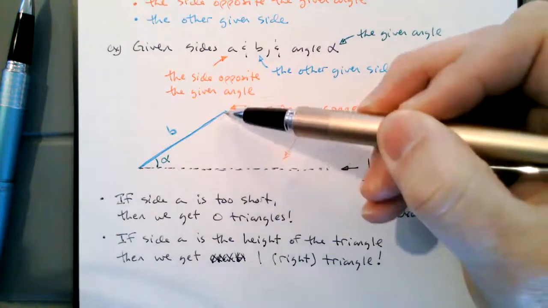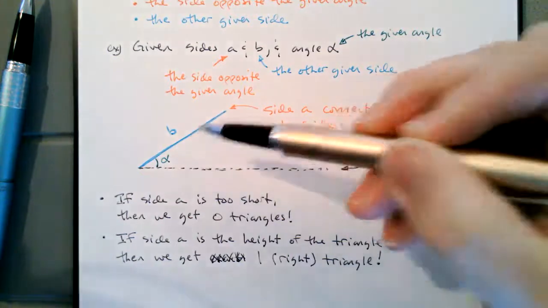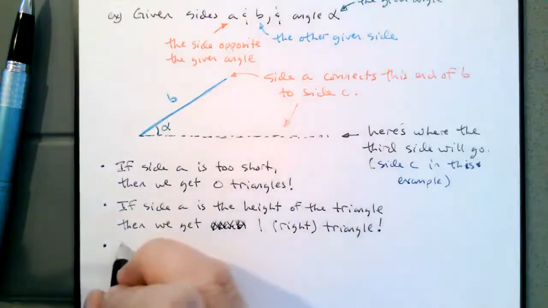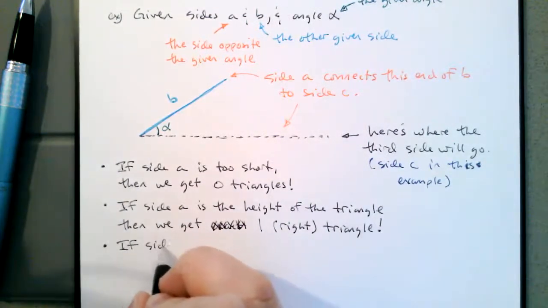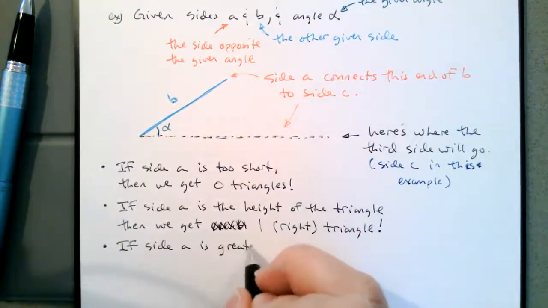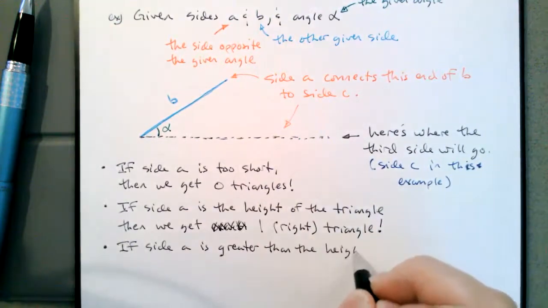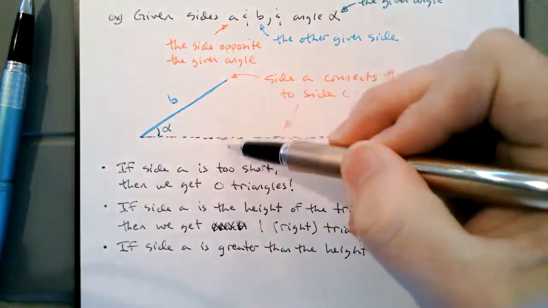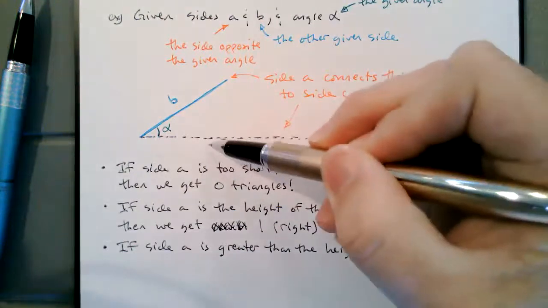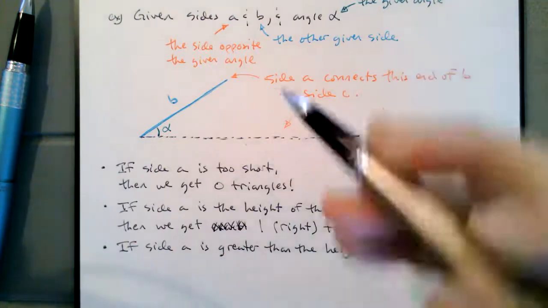If side A is a little bit longer than the height, but shorter than the other given side, the wording is getting a little messy here. If side A is greater than the height, but less than the other given side, then we'll have two triangles.